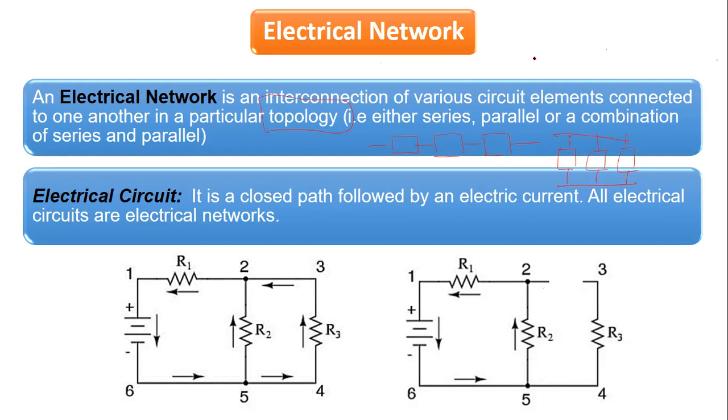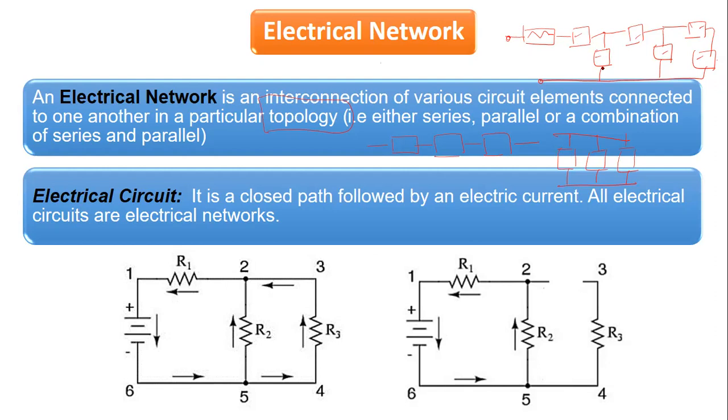Or these may be connected in series or parallel, or series or parallel, like this. Each block here represents an element. This element may be a resistor, a capacitor, or an inductor.